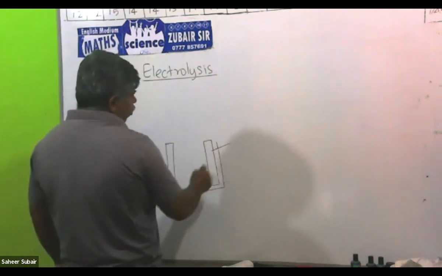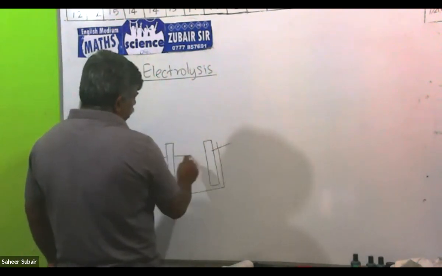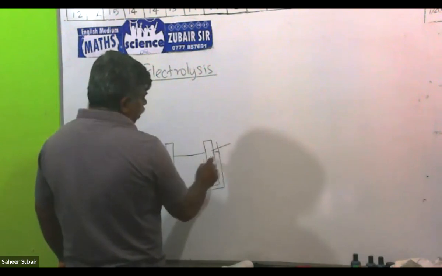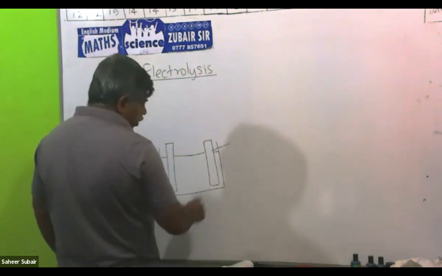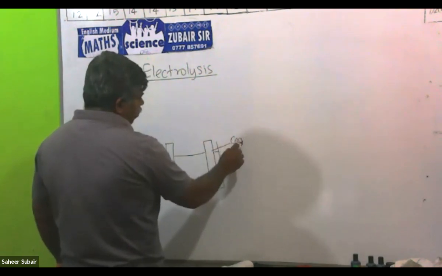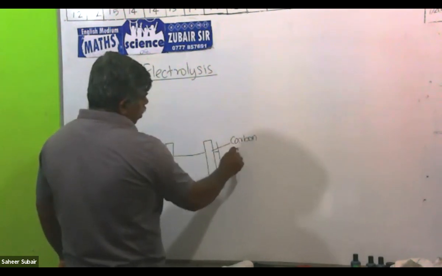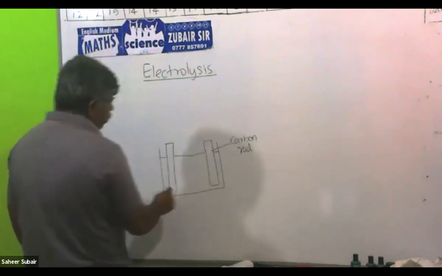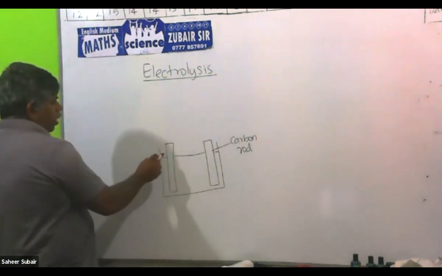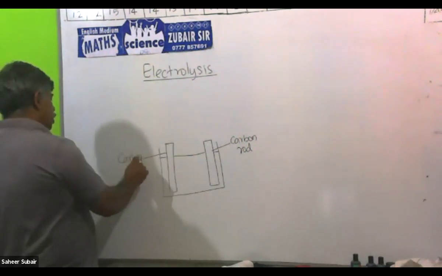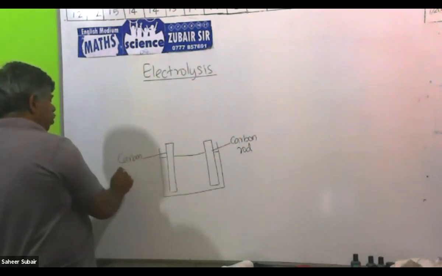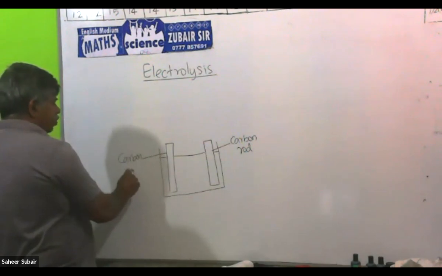Inert electrode means that one does not react with the electrolyte that we are taking. What is the solution? For that, we are taking carbon rod, carbon electrode. So both anode and cathode are carbon electrodes, carbon rods.